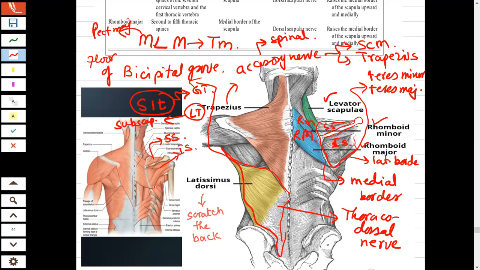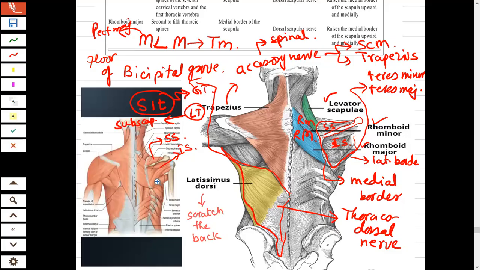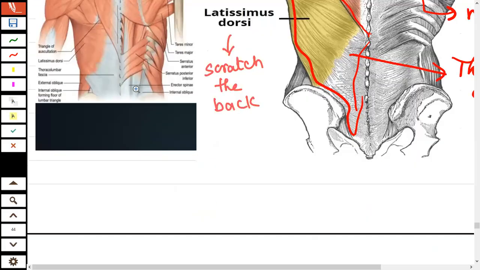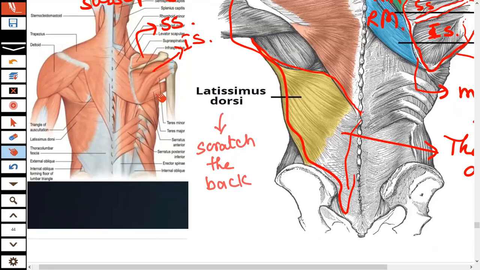Okay. And see here. Now tell me this muscle. One second, I zoom this muscle. See here. Tell me what is the name of this muscle now? Write down in the chat box.